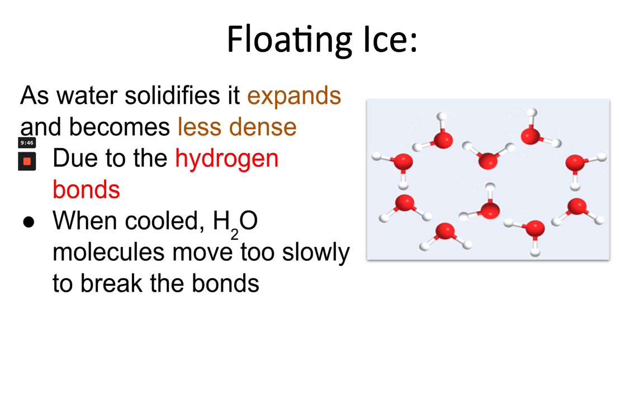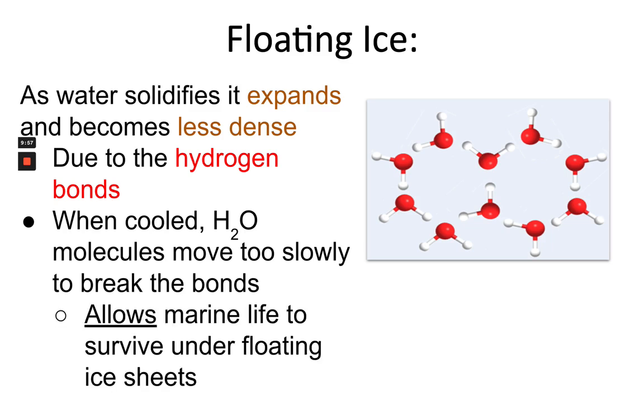When cooled, water molecules move too slowly to break those hydrogen bonds, and so they break out into that lattice shape like you see in the picture. This allows marine life to survive under floating sheets of ice, which is important since we wouldn't want to kill off all of an ecosystem every winter.